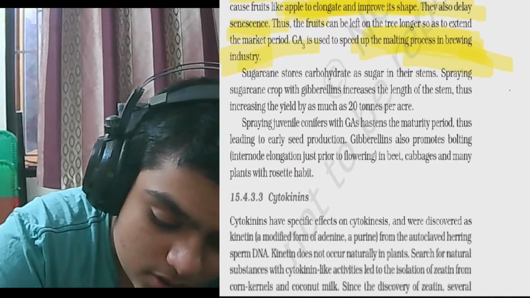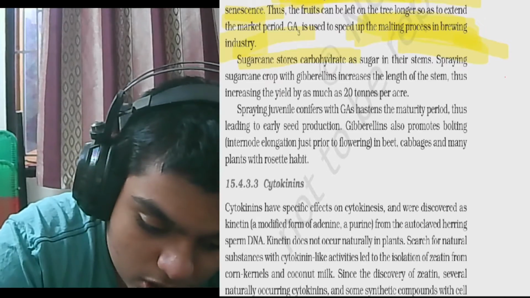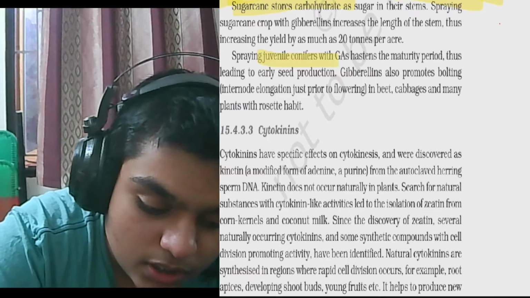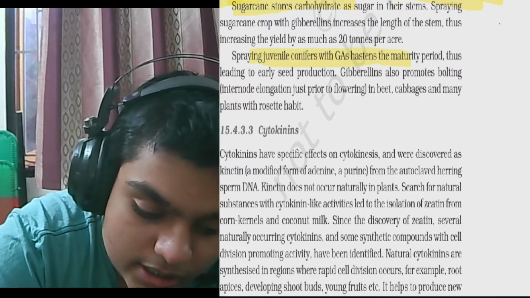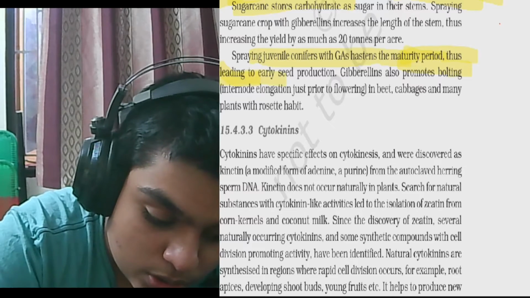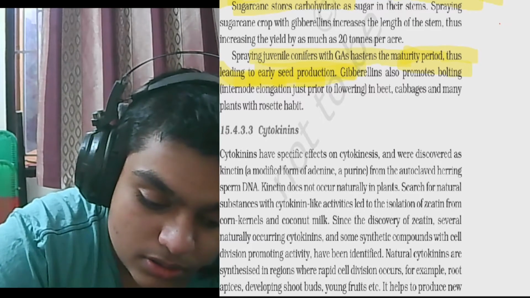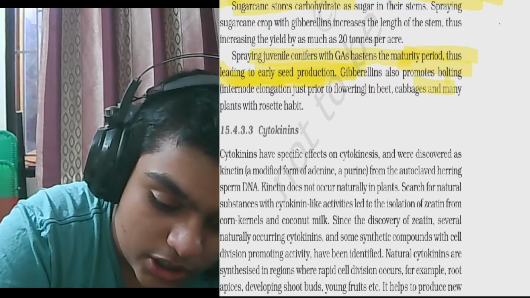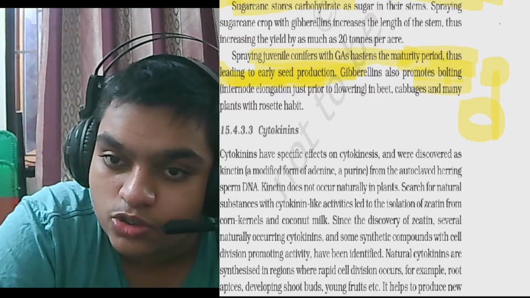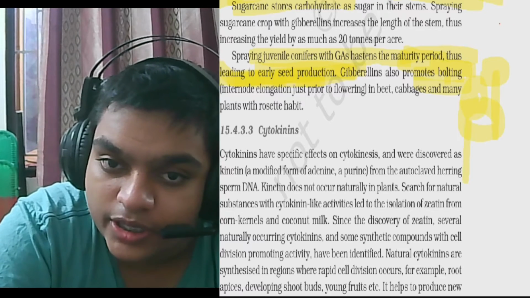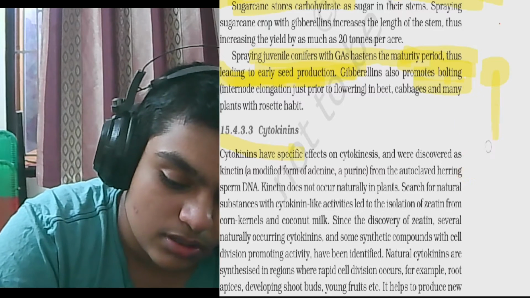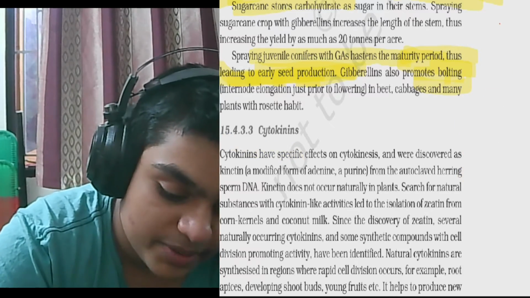Next one, sugarcane, we have already completed. Spraying juvenile conifers with GAs hastens the maturity period, thus leading to early seed production. Gibberellins also promote bolting. Remember this, bolts and nuts, bolting in cabbages and many other plants with rosette habit.